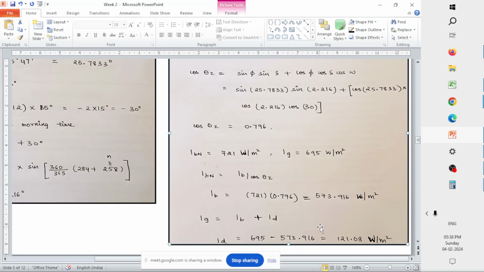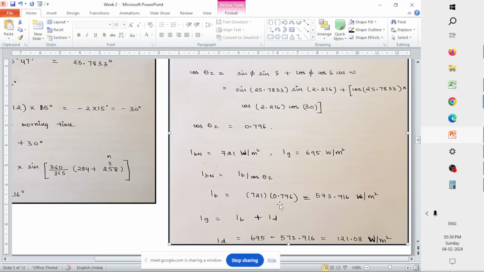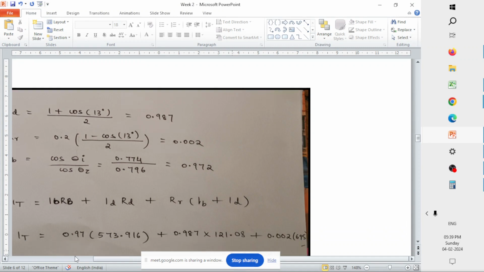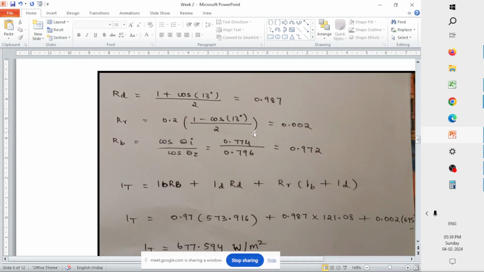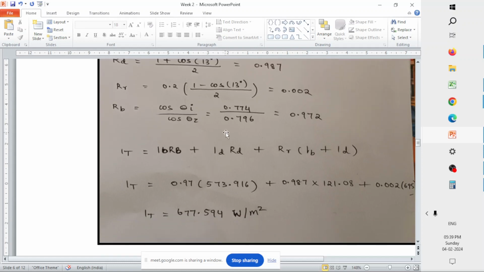So I hope after this people will be able to solve, because this is the same way I did it in the previous example. The calculation that follows is your calculation of RD, RB and R, and then your final IT calculation. This will be the flux that is incident onto your flat plate collector.